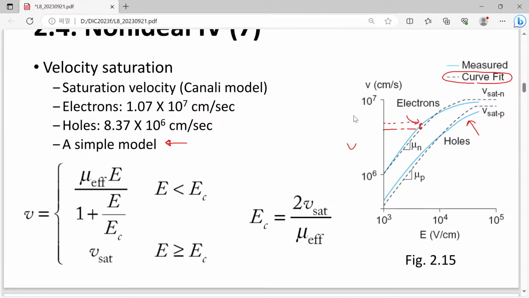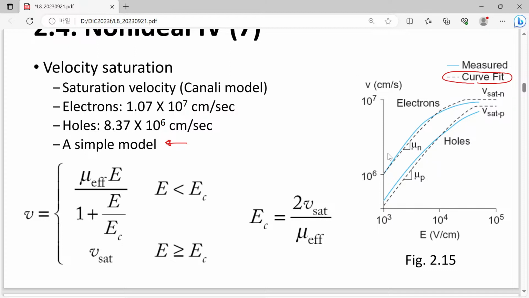But anyway, what I wanted to say is, although it is not perfect, this dashed line shows something good, something reasonable to describe the velocity saturation effect.